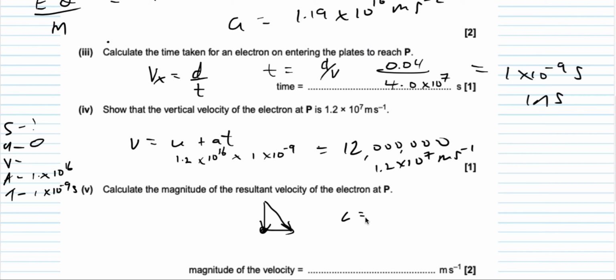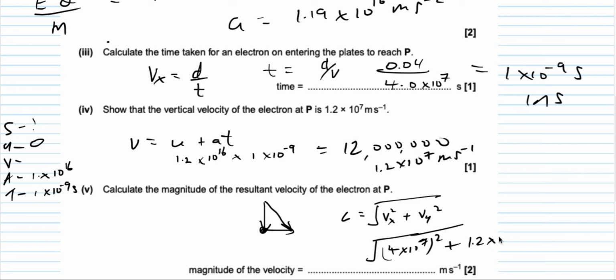So c, the hypotenuse, will be equal to the square root of vx squared plus vy squared. The horizontal velocity was 4 times 10 to the 7th, so we square all of that, plus the vertical velocity, which we worked out to be 1.2 times 10 to the 7th, squared.